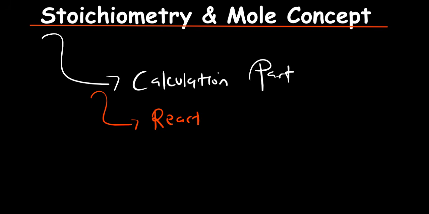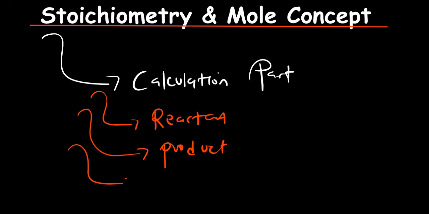It's also going to answer questions like how much product will I get? Then for the most part, stoichiometry is also going to answer which reactant will finish first, which we usually call the limiting reactant, and we're going to talk about this as we proceed.